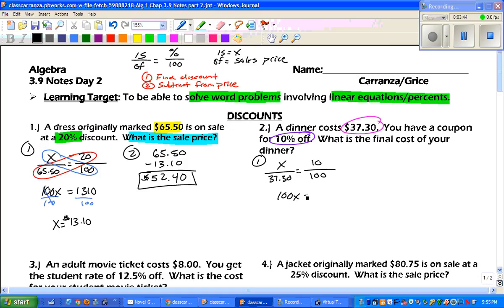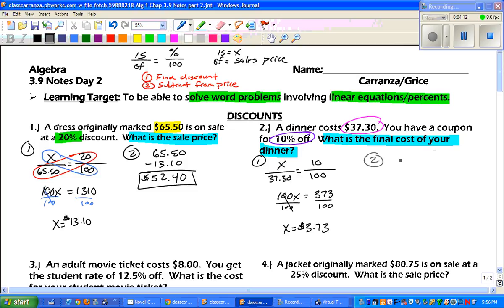Cross multiply, you get 100x equals 373. Now, get the x by itself, so I'm going to divide by 100, and we get x equals $3.73. Once again, it's asking what is the final cost, so we are not done.